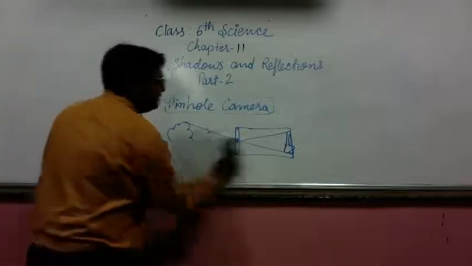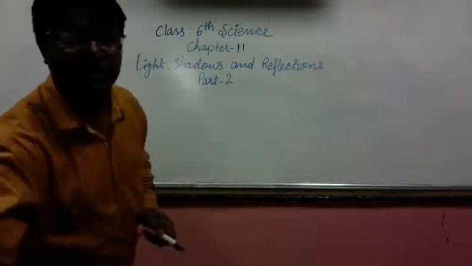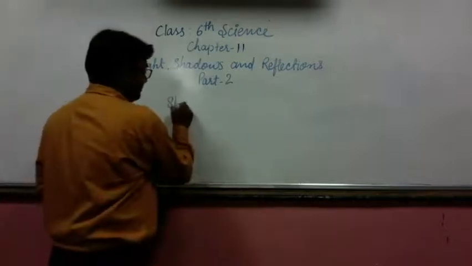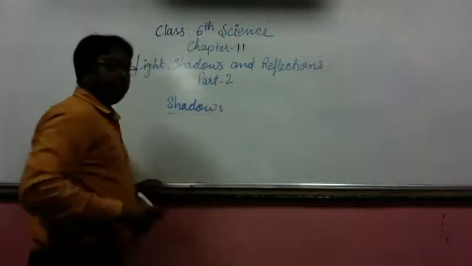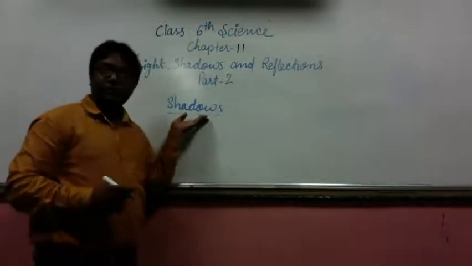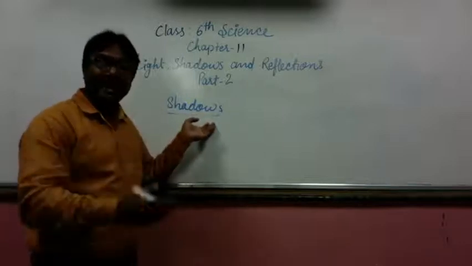Now let's discuss how shadows are going to be formed. Shadows. So basically shadows are formed when an object comes in the path of light rays.